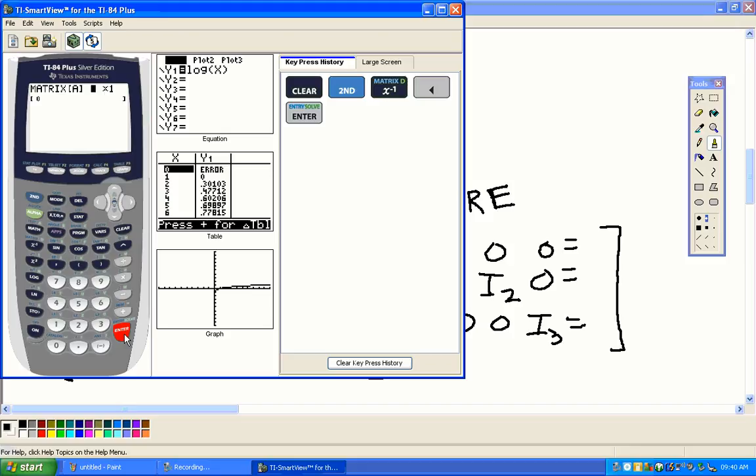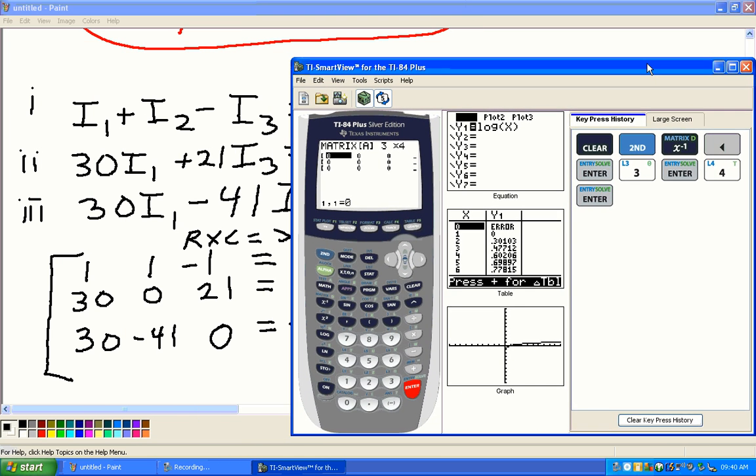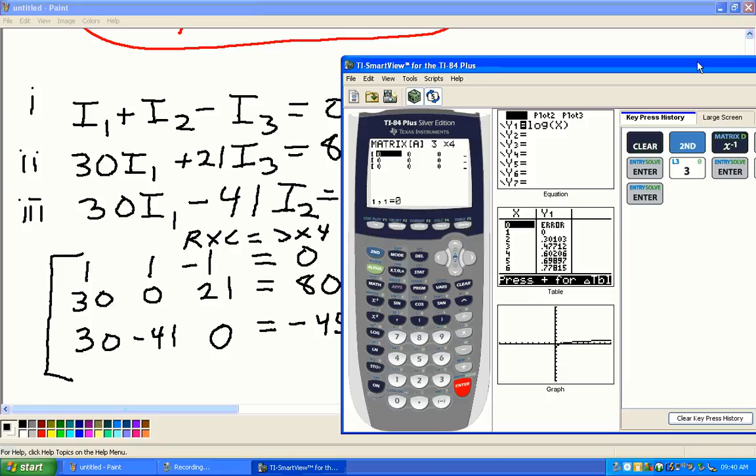He's not 3 by 3. He's 3, however, for the first. So 3, enter. 4, enter. It looks like you only have 3 columns, but you can scroll over and see the rest. And this is usually where I make all my mistakes, getting them entered in correctly.